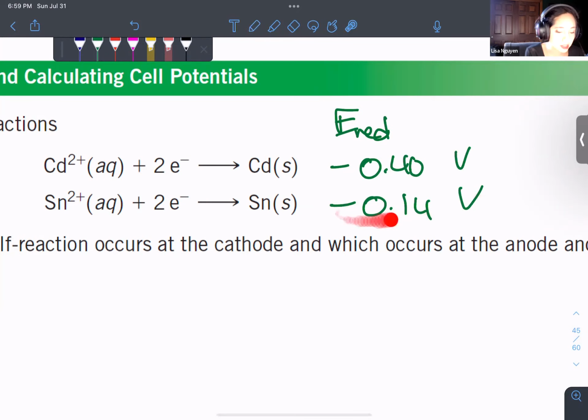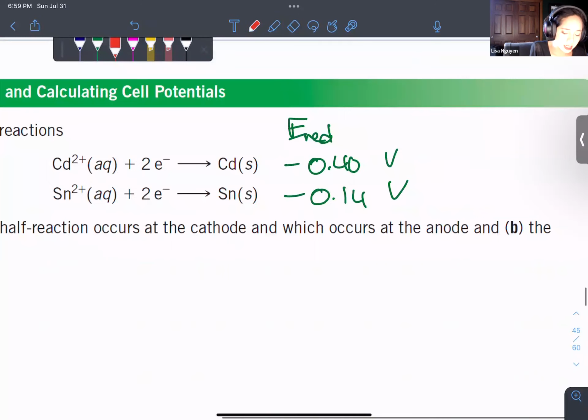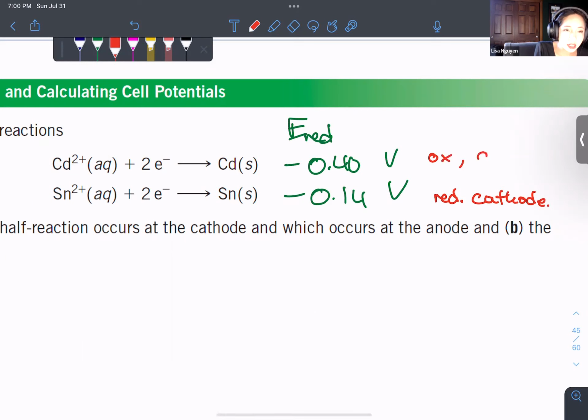It's the most positive. Yes, they're both negative numbers, but the tin reaction is more positive. So tin is going to be reduced; this is the reaction happening at the cathode. Our cadmium reaction is less easily reduced, so it's better if we oxidize cadmium instead, and then we flip the sign of the reduction potential. This substance is going to be oxidized. This is what's happening at the anode.